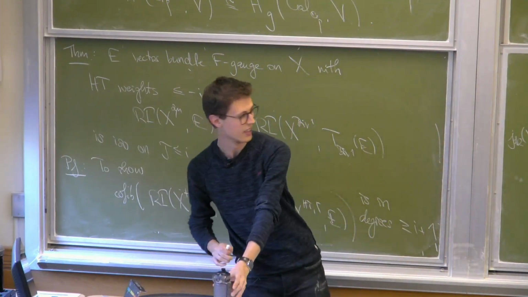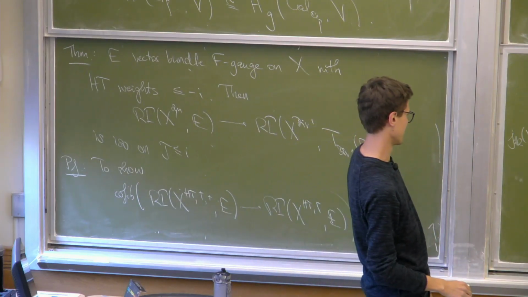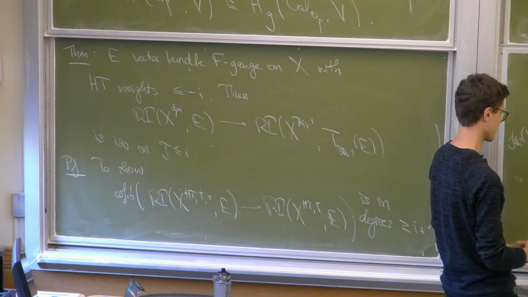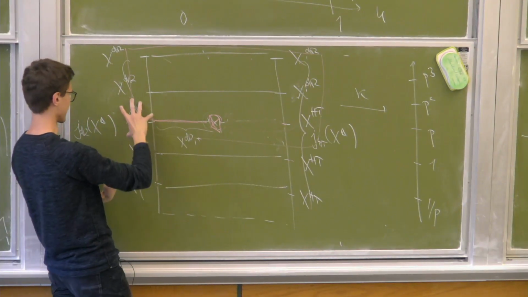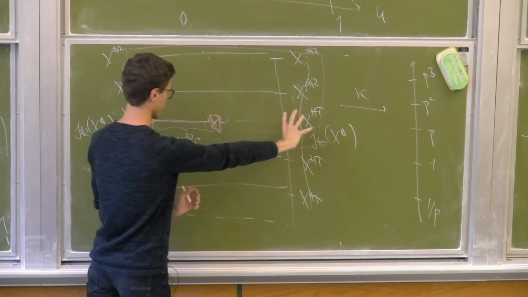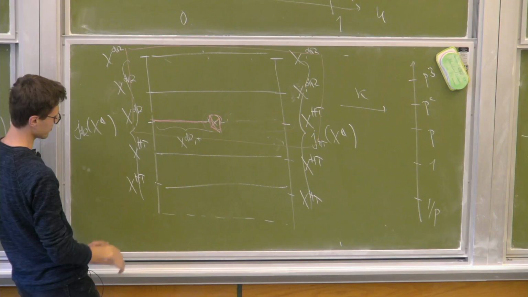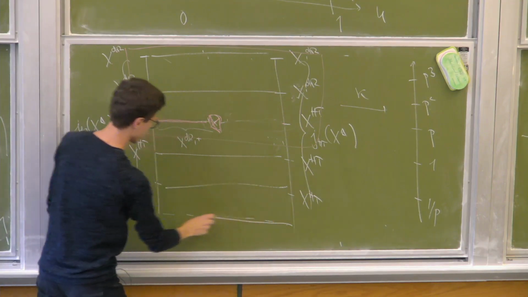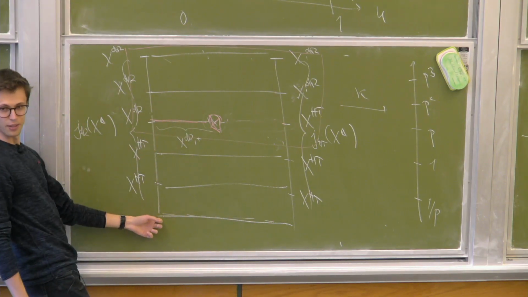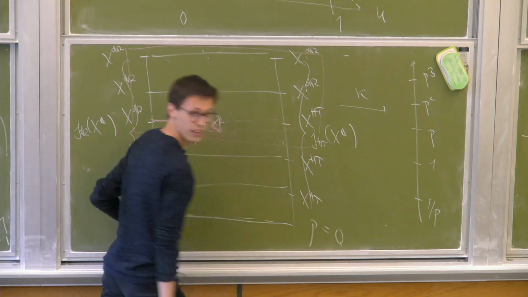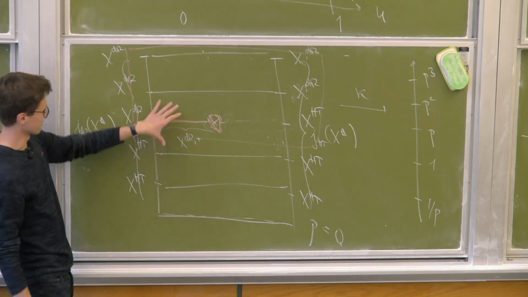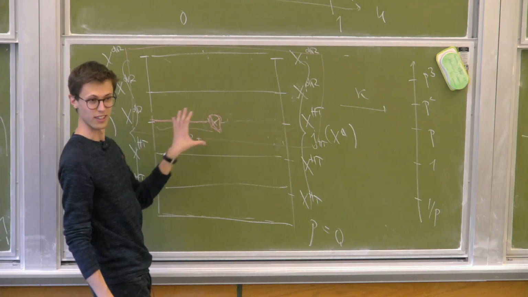And it's basically because somewhere in this argument I sketched, everything happens sort of here, where you see the degeneration from X to X Hodge-Tate. And if I do integral coefficients, I see some additional stuff down here at p equals 0. And somehow this additional stuff does not disturb the argument that goes on up here.